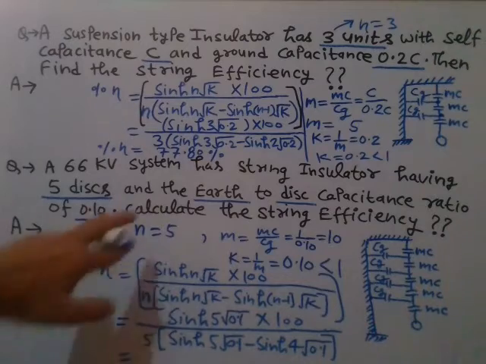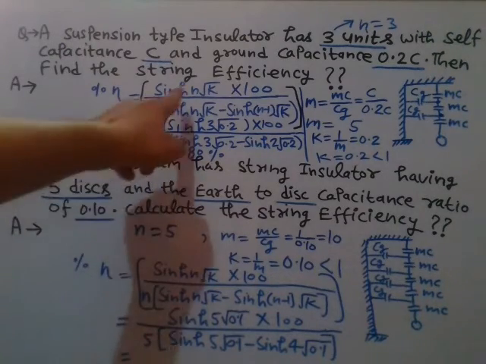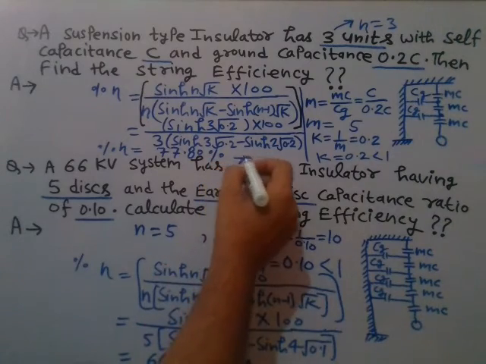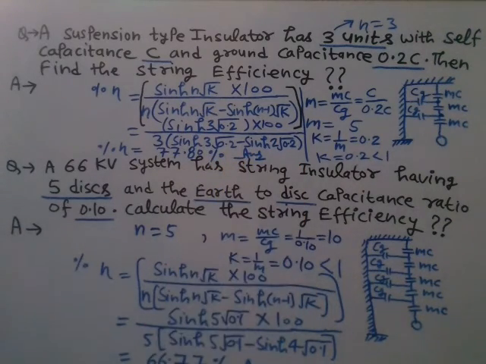It is not the ordinary sine, remember this is the hyperbolic sine, right? So when you solve this, you will get 66.77%. That is the answer in a single stroke, right? So basically you can easily calculate this.